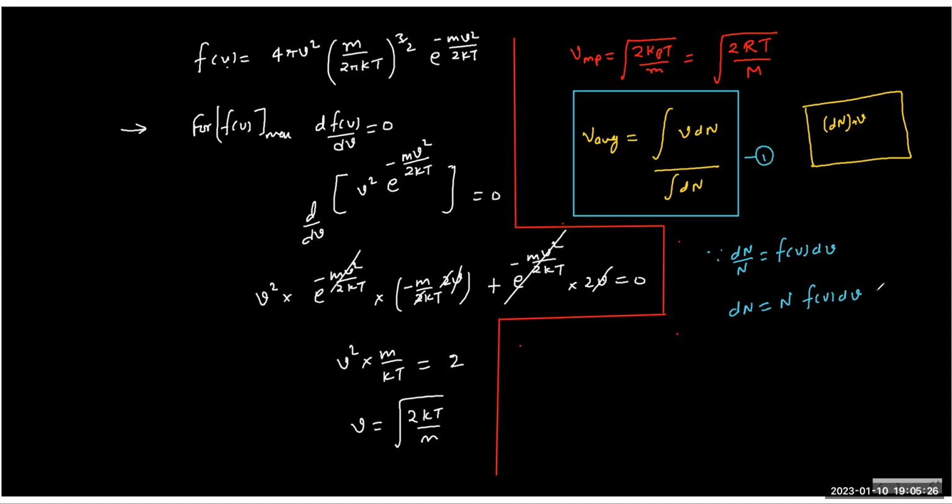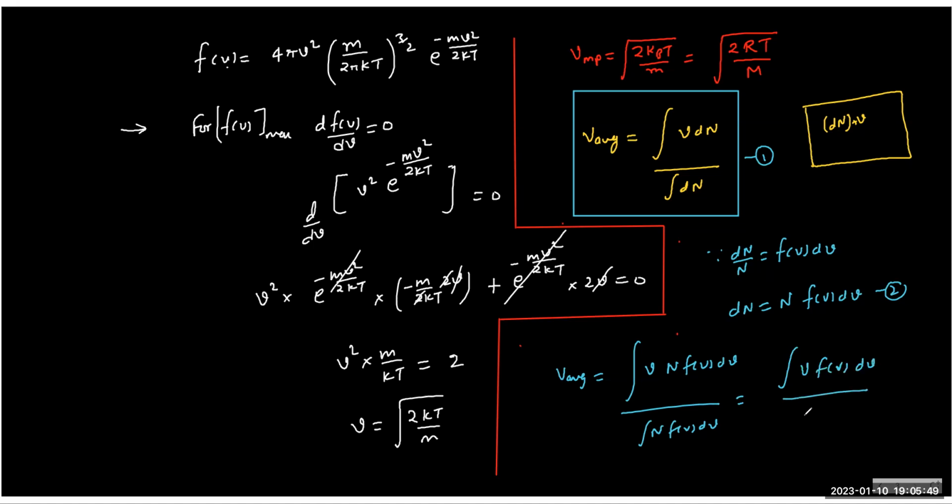So now this way of writing will help you in getting the relation. So you can write v into n fv dv upon n fv dv. And because n is constant, we can take it out. So what we're left with is v times the function given to you, dv upon fv dv. And then you have to integrate from 0 to infinity, because that's the range of velocity in our case.